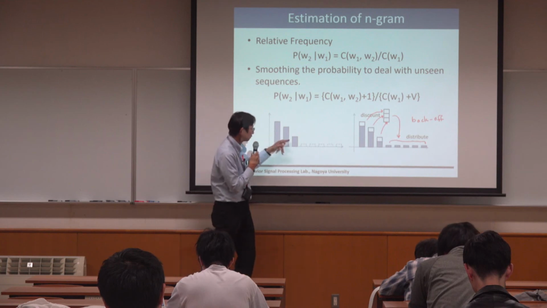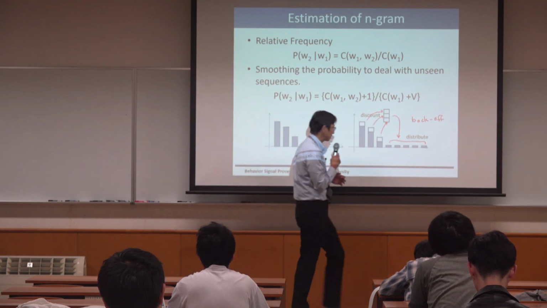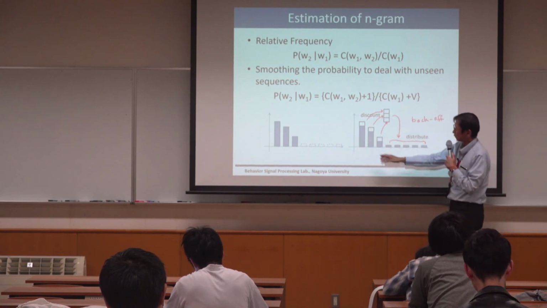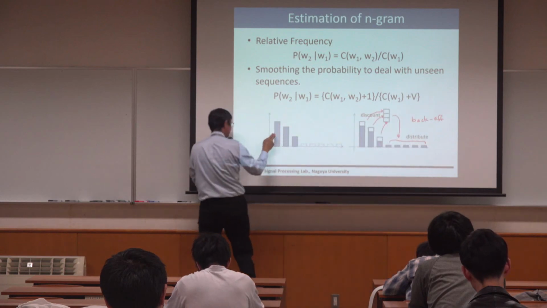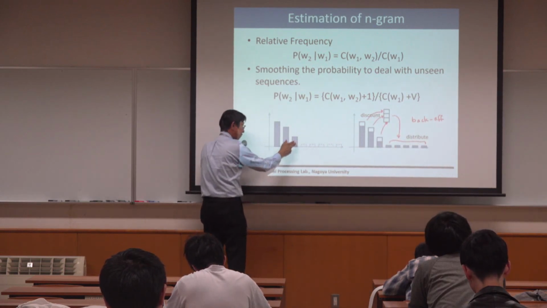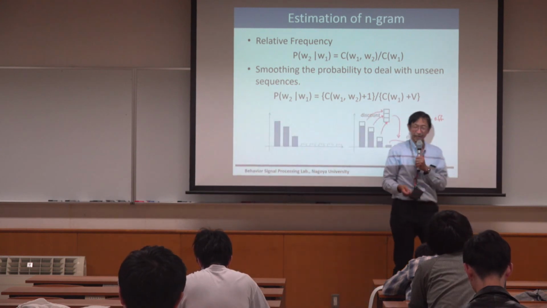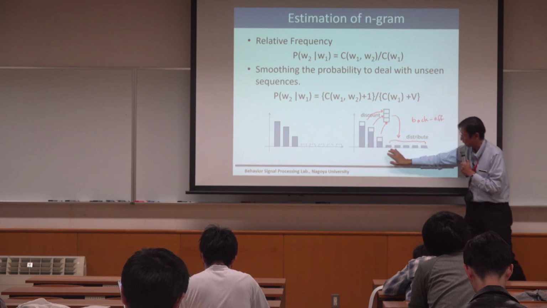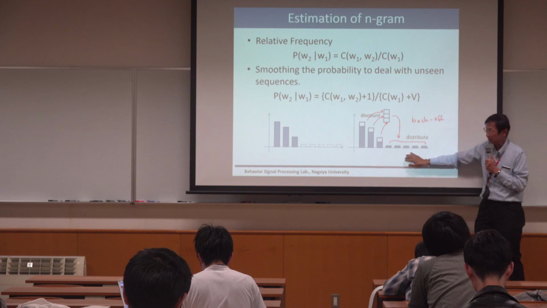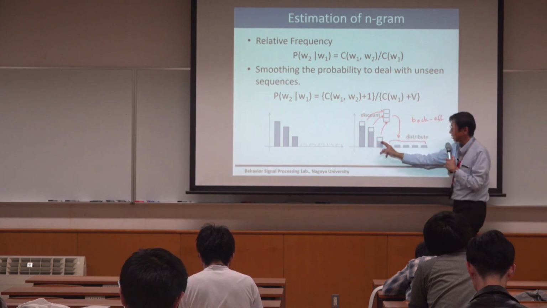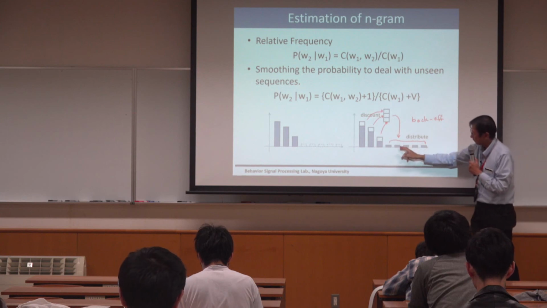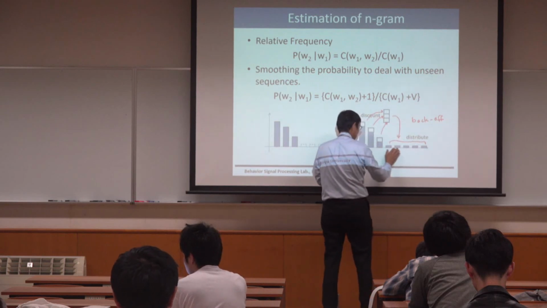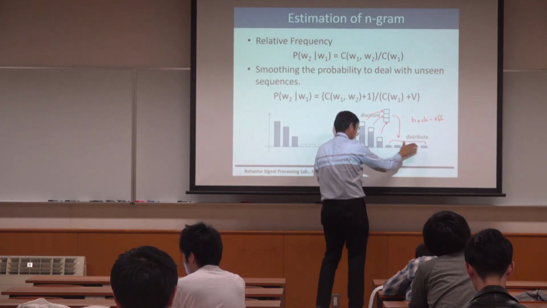Therefore, we need to somehow smooth these particular values, which is called discounting. So even if you have 100 times, 90 times, 50 times, you pick up, say, 5 of them from this count and distribute those, which discounts the observed data and virtually distributes the count to the unseen data.